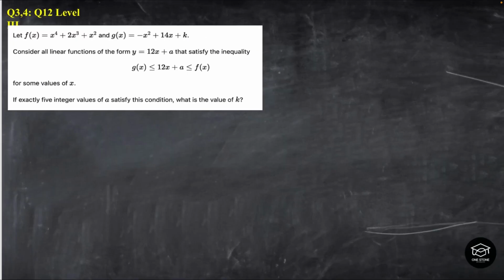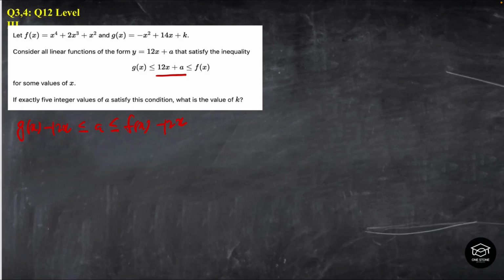To begin, we rearrange the inequality. g of x is less than or equal to 12x plus a, and 12x plus a is less than or equal to f of x. We subtract 12x from all parts, which gives g of x minus 12x is less than or equal to a, which is less than or equal to f of x minus 12x.